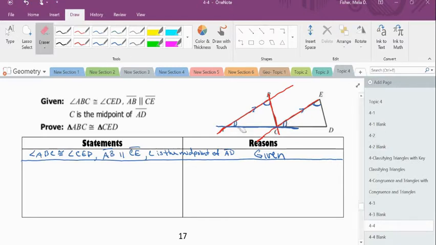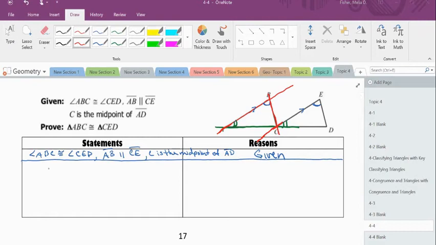I'm going to go ahead and switch colors. Let's look at this transversal, and look at this angle and this angle being congruent. Re-extend this out here. And how are those related? Those are corresponding angles.